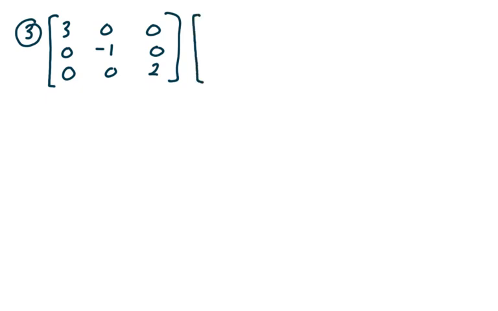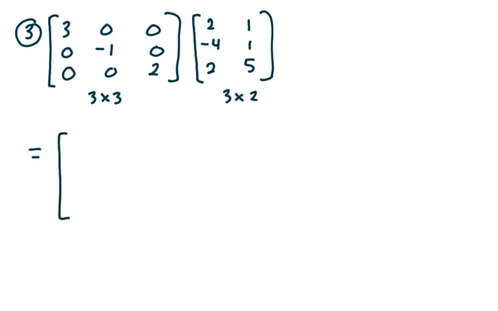And I'm going to multiply by the matrix 2, 1, negative 4, 1, 2, 5. Okay. So this is a 3 by 3 diagonal matrix. This is a 3 by 2 matrix, right? So the resulting matrix should be 3 by 2.